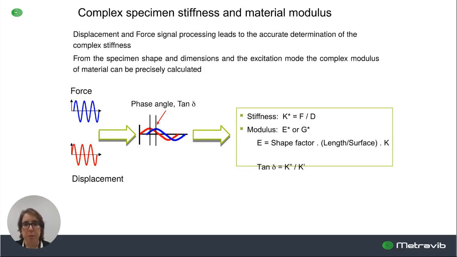You can analyze the force and displacement curves to determine a number of different properties, such as the stiffness, which is basically the ratio of the force to the displacement at a given point during the cycle. You can also look at the modulus, either the loss modulus or the storage modulus, and a few other complex properties can be derived.